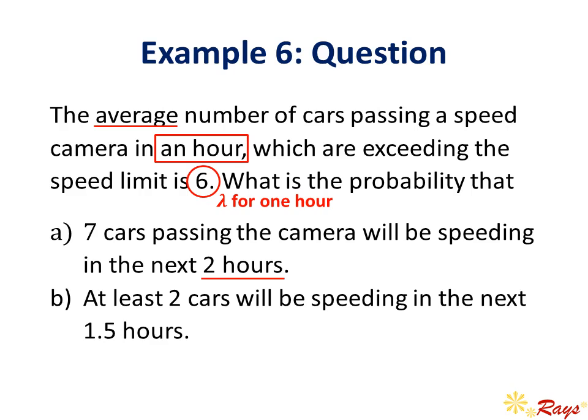So we have to find the lambda accordingly. We are given the lambda for 1 hour, but the question is asking for 2 hours. So we have to change our lambda accordingly. Same goes to B. The interval is 1.5 hours, so we need to change the lambda accordingly.